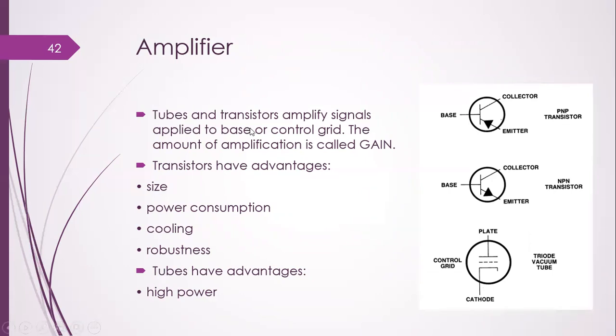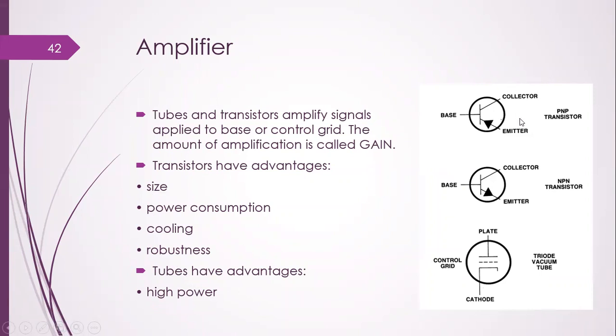Tubes and transistors amplify the signal applied to the base or control grid. The amount of amplification is called gain. Transistors have advantages like size, power consumption, cooling, and robustness. Tubes have the advantage of high power.